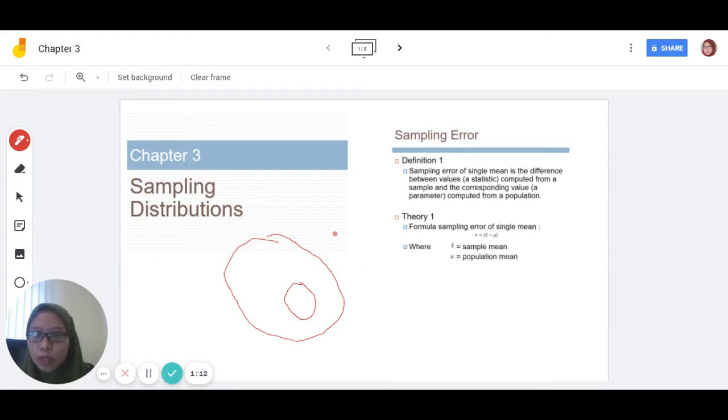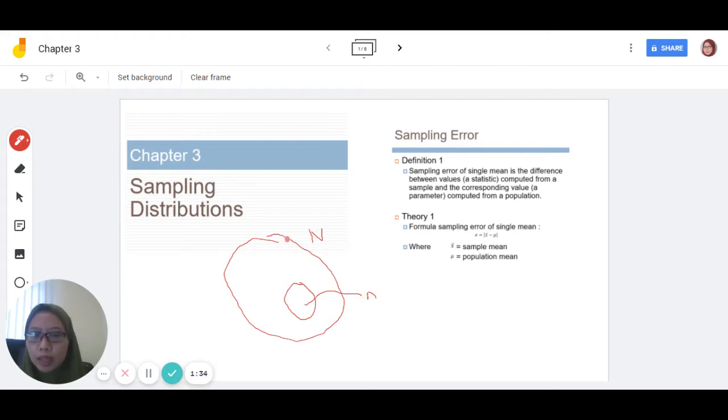Before we go further, I will explain the important parameters that we normally use in this chapter. This is the population. Normally we denote the population size as capital N, and this is our sample size, which we denote as a small n.